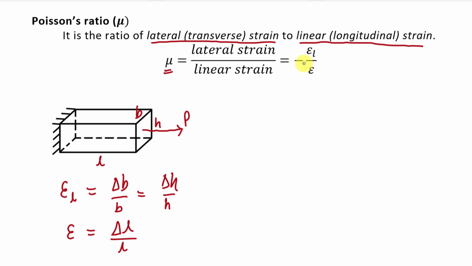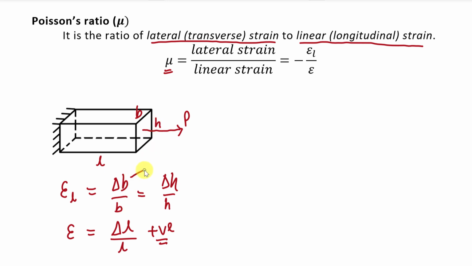Here there is a reason to take a negative sign. If we apply tensile load in the linear direction, then this length will increase. So delta L will be positive, and so this epsilon, meaning linear strain, will be positive, right? And if the length of the body is going to increase, then the width and height of the body will decrease, right?